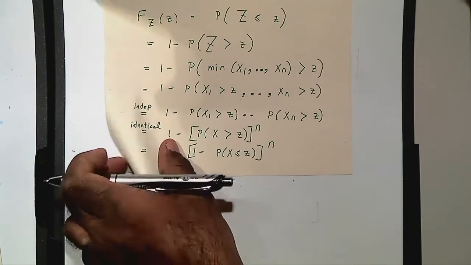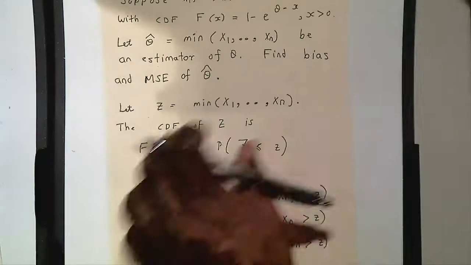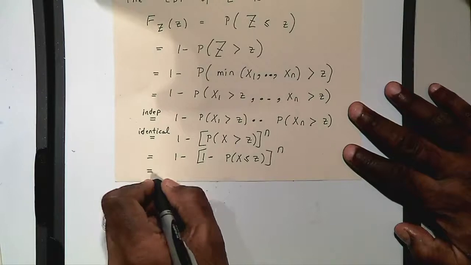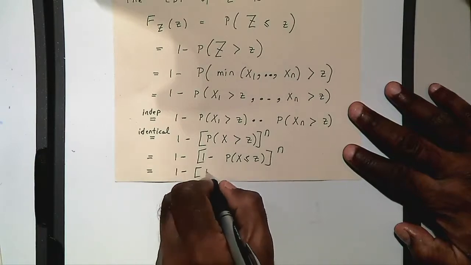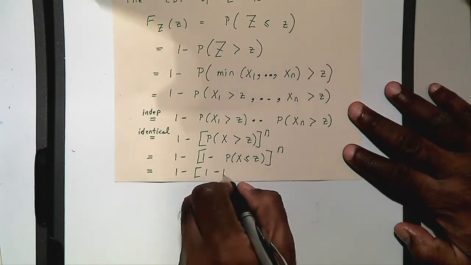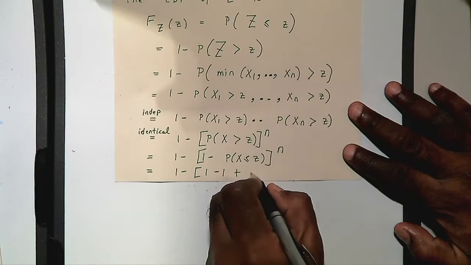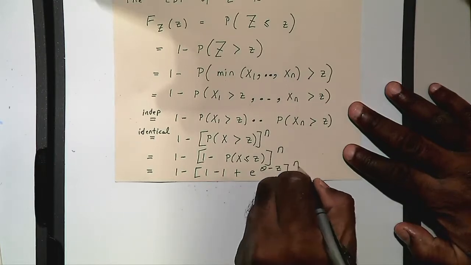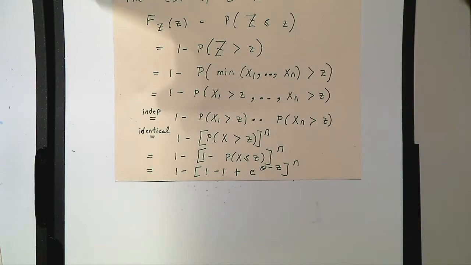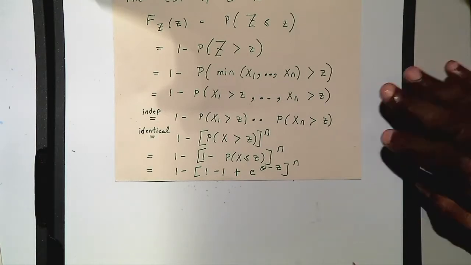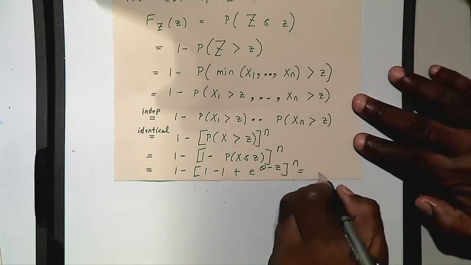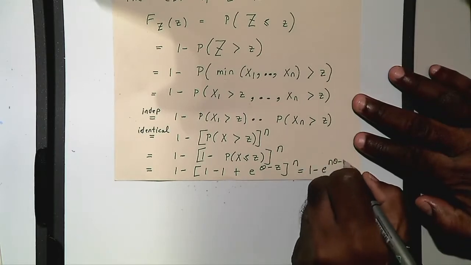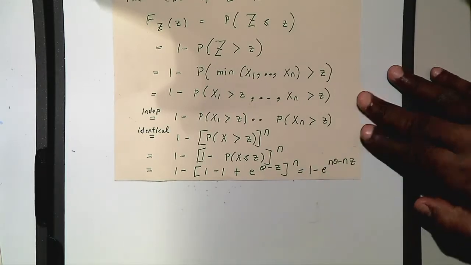Now, we are given the CDF of x as this, right? So this will be 1 minus 1 plus like this, okay? Are you with me? And this simplifies to 1 minus e to the n theta minus n z.